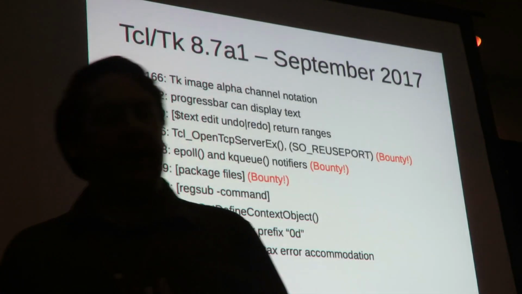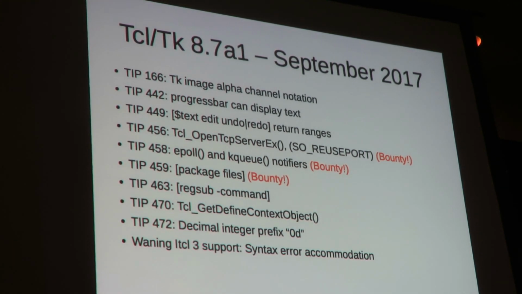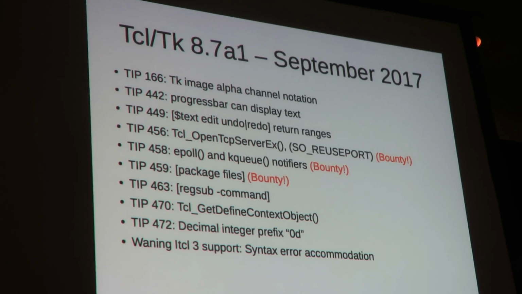Oh, and I should say something about waning iTcl3 support. This has to do with the Tcl_WrongNumArgs routine, a utility that's made available to extension writers. It's a very nice way to get Tcl to form a usage message for you out of a handful of things you already have. And the difficulty is that in iTcl, these are object-oriented things, and so typically a lot of the commands will take the form object name, method name, and the arguments.